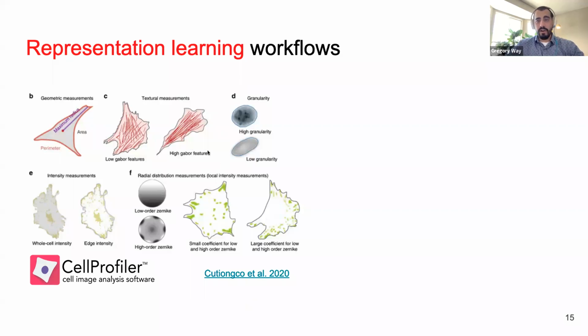But one of the categories of representation learning that we use often is based on CellProfiler. And so CellProfiler is a tool that extracts these so-called hand-engineered features from images. So these are going to be things like geometric measurements.